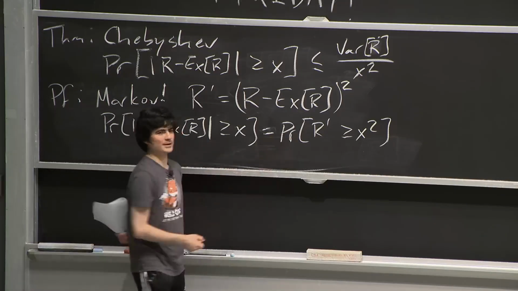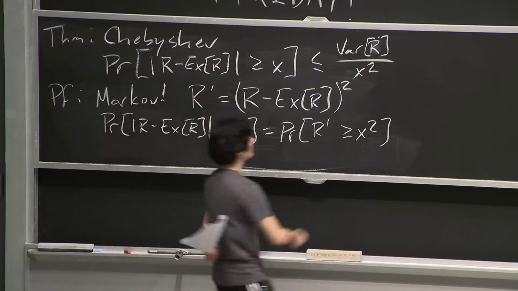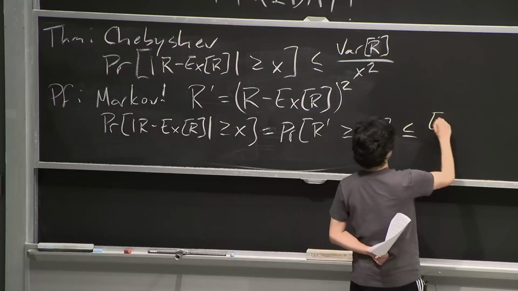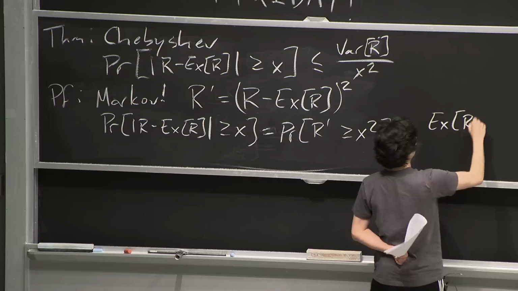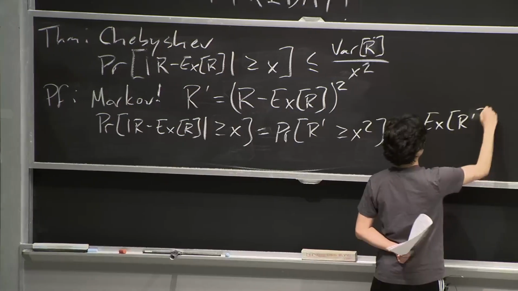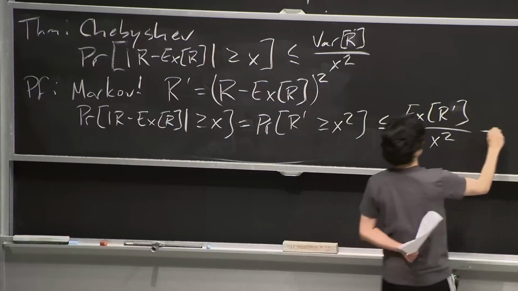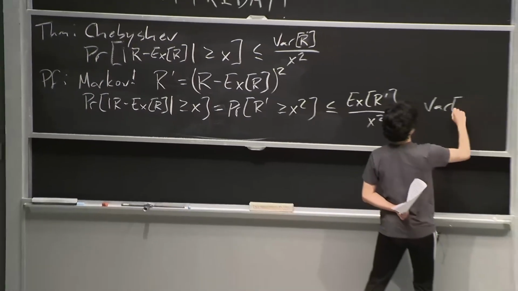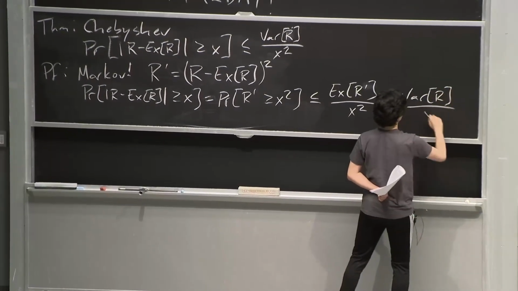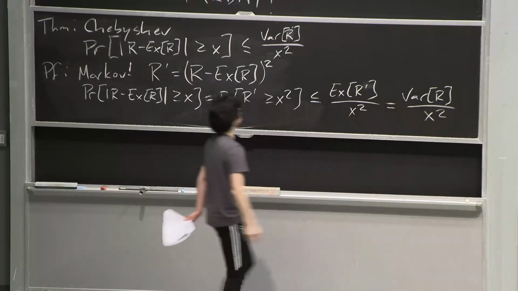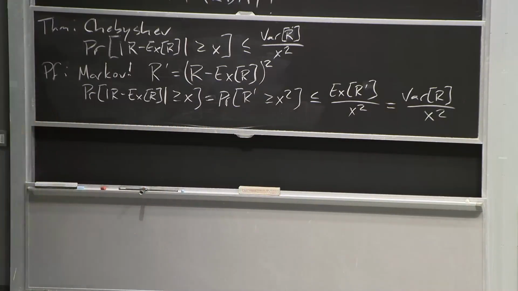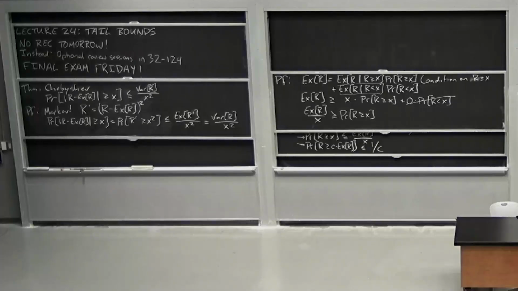And now this looks like something we can apply Markov to: less than or equal to the expectation of R prime divided by x squared.